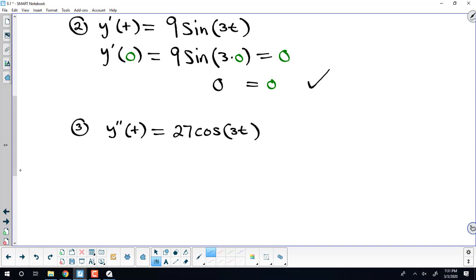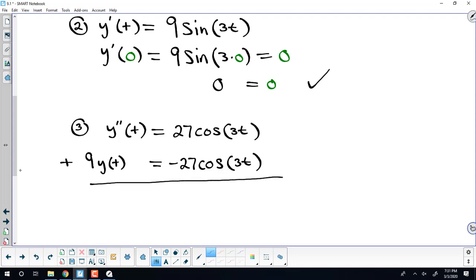So y double prime, here's 9 times y of t. Y of t was negative 3 cosine 3t, so negative 27 cosine of 3t. We want to verify that those two things added together give us 0, which we can clearly see. Okay, so we verified the solution and the initial conditions.